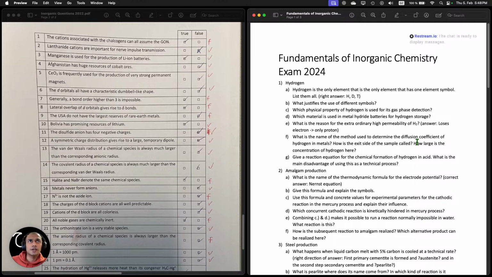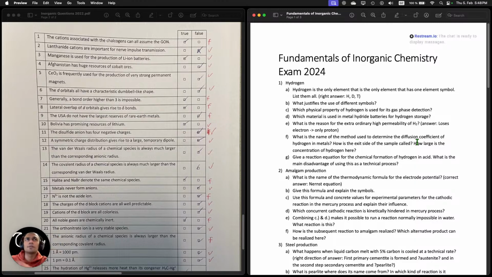What is the reason for the extraordinary high permeability of H2? Loses electron. The loss of electron, only proton.